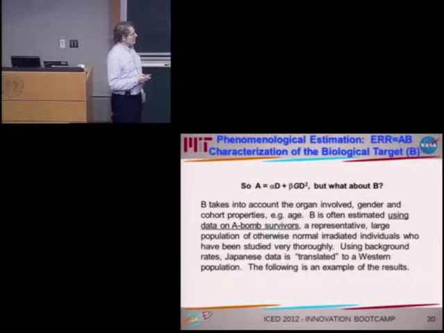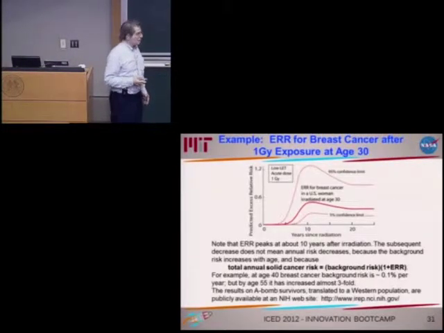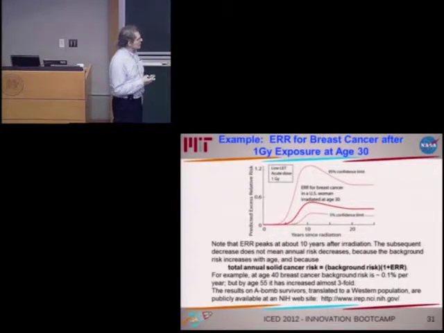So anyway, this data set's been studied fairly thoroughly, and this is the predicted excess relative risk versus years since radiation for breast cancer. This assumes the woman is exposed, I think, at 30 years of age, and then looks at years since then.